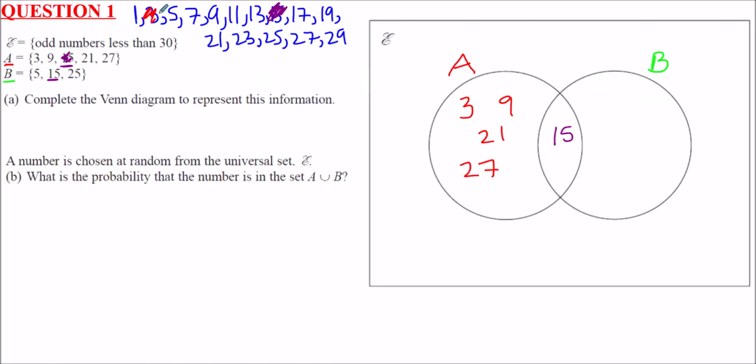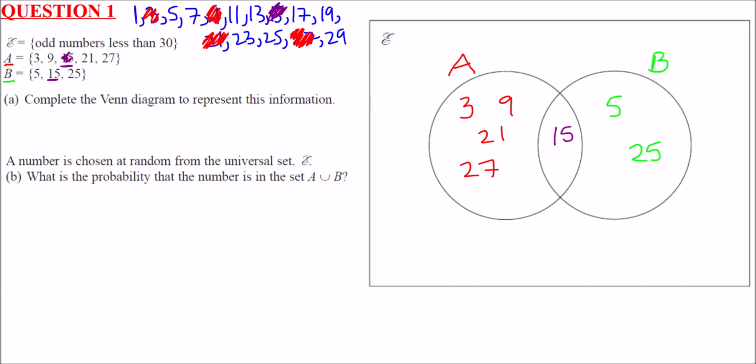So I've got 3, I've got 9. I'd always suggest to cross them off once you put them in, just so that you don't double count. 21 and 27. And then we need to do the same for numbers in B. So 5 and 25. Put 5 and 25 in there.